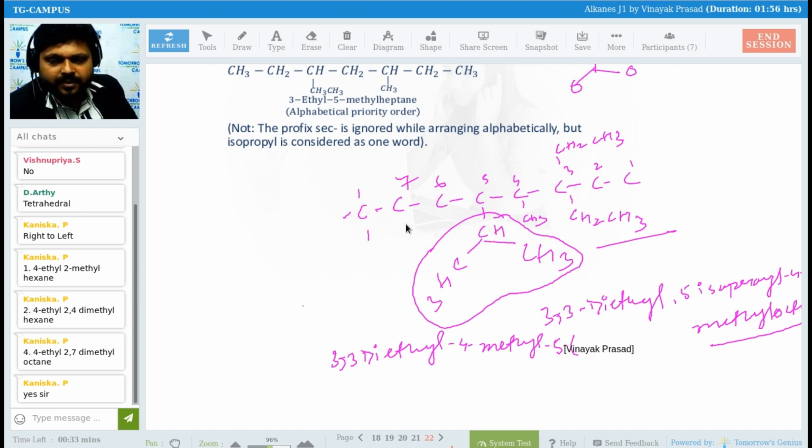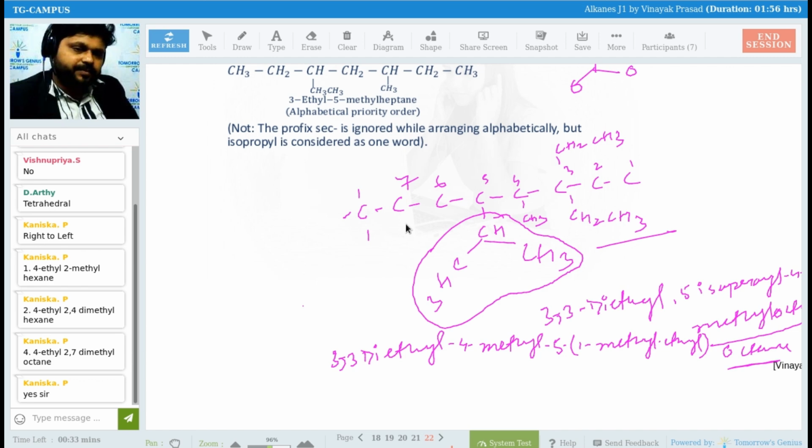We will be writing like this: 5, 1 methyl, and then ethyl. Then the total number of carbon count and write that. 1 methyl ethyl, and total number of carbon is what? 8 carbon is there, so it will be octane. Fine, everyone. So we can write in two manners.